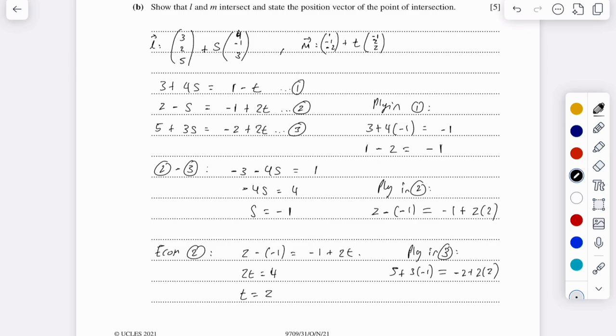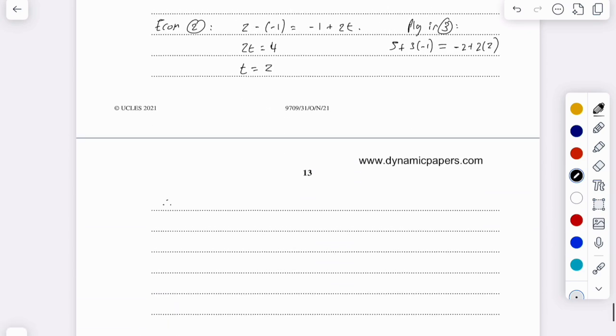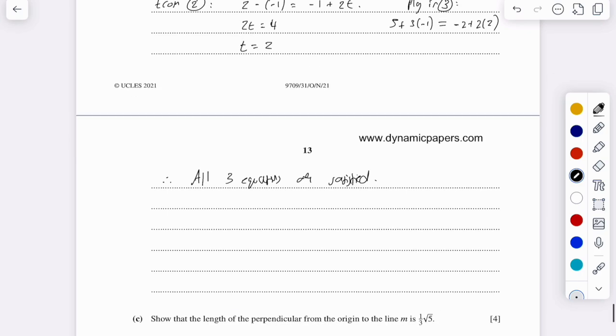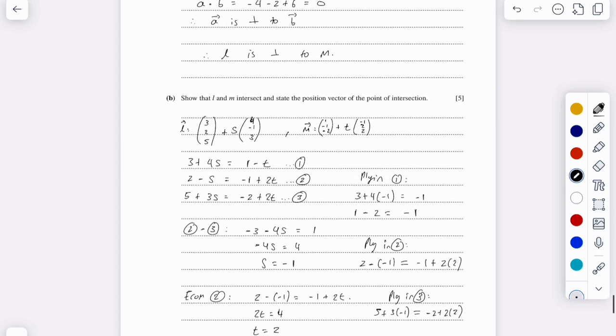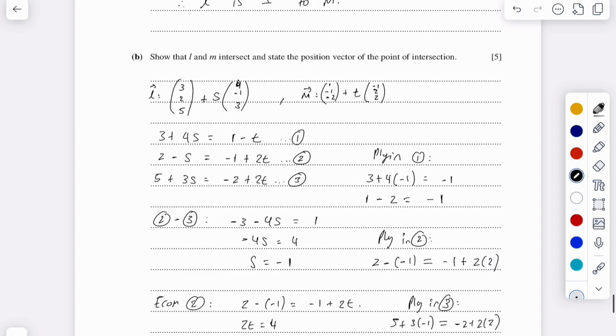So therefore all three equations are satisfied. Now if all three equations are satisfied, we now need to find the position vector.